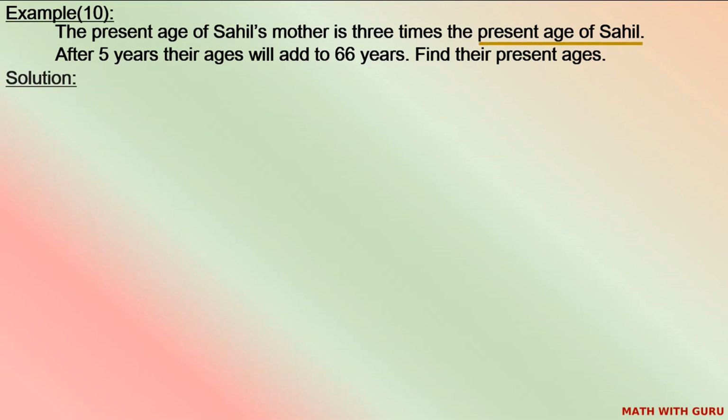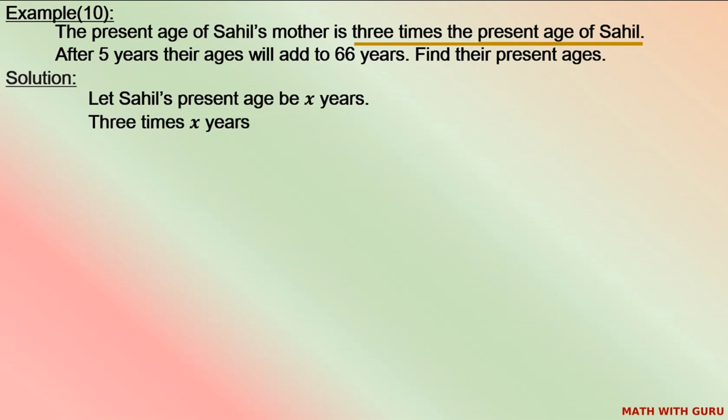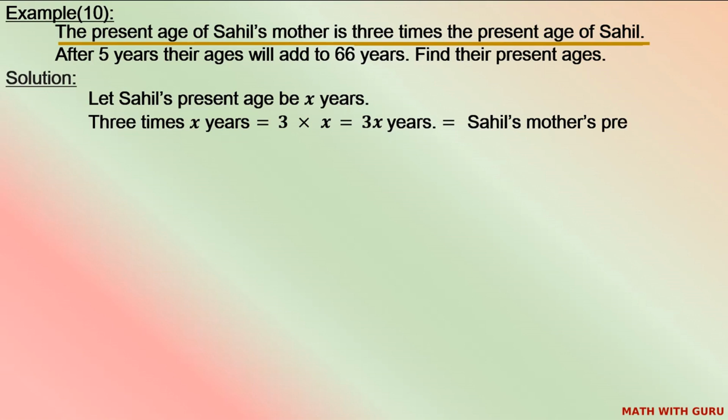Therefore, present age of Sahil, let us take it as x years. 3 times x years equals 3 into x, which is equal to 3x years. Present age of Sahil's mother is 3 times the present age of Sahil. Therefore, 3x years is Sahil's mother's present age. We have expressed mother's age in terms of Sahil's age.